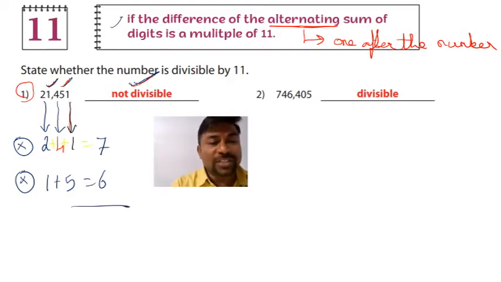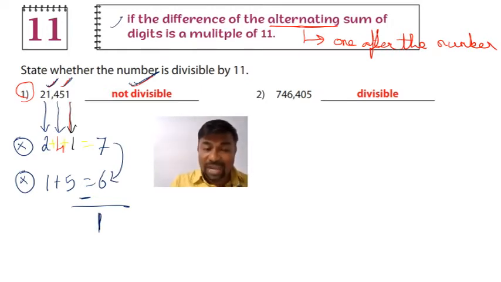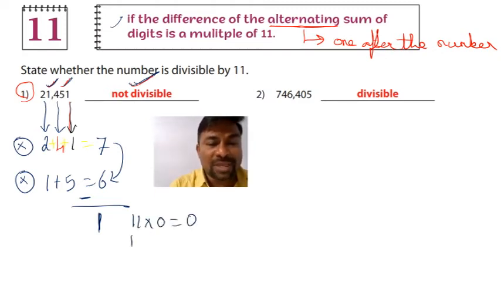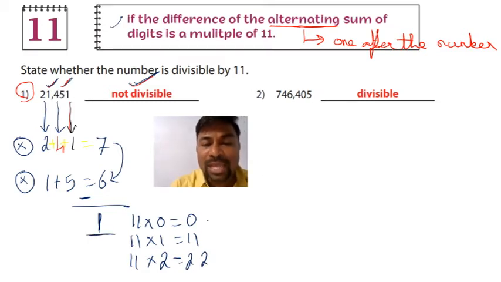Now find the difference between both: 7 take away 6 is 1. Is 1 a multiple of 11? No. 11 times 0 is 0, 11 times 1 is 11, 11 times 2 is 22. We can't find 1 anywhere as a multiple, so we can say the number is not divisible.